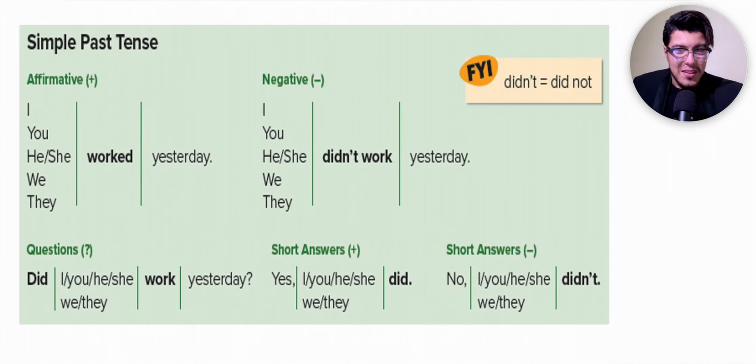Well, my dear friends, the simple past tense is the easiest tense in English. The simple past tense is used to express an action that happened in the past. Okay? And it has two forms, the regular verbs and the irregular verbs. There are some verbs that we add ed at the end of whenever we transform them to the past, and we call them regular verbs.